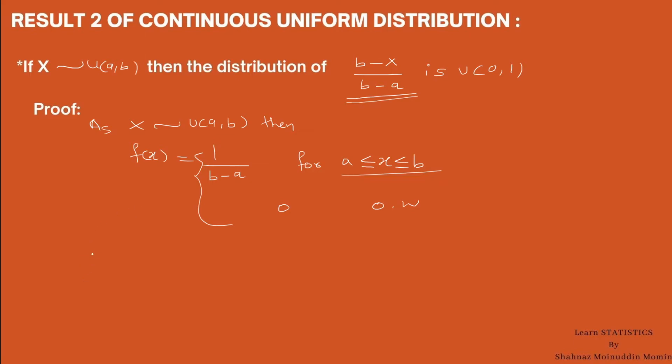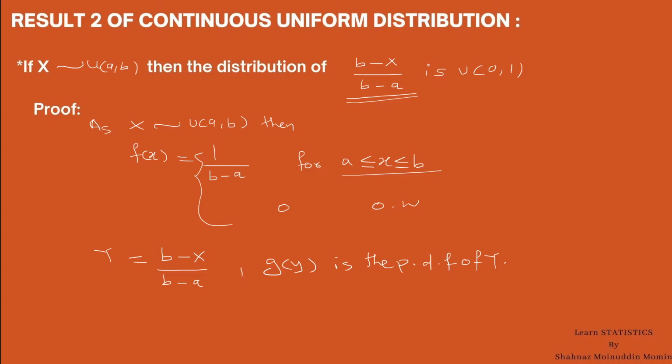Now consider Y equal to our transformation, b minus X divided by b minus a. Suppose g_Y is the PDF of Y, which we are going to obtain. We have already learned a theorem of transformation of univariate random variable.